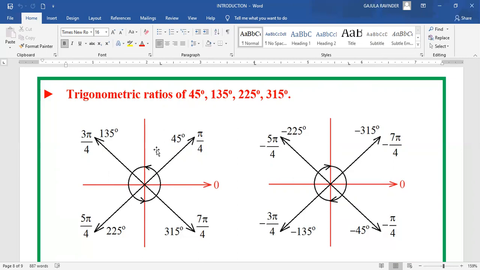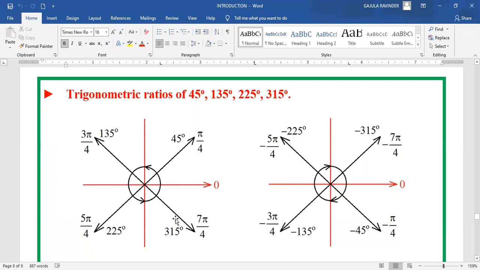For example, tan 135. So this is 135. Tan is 1, but second quadrant, minus. So tan 135 is minus 1. For example, secant 225. 225 is the middle of the third quadrant, where secant is negative. Value is root 2, so secant 225 is minus root 2.